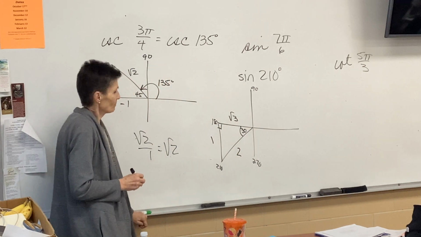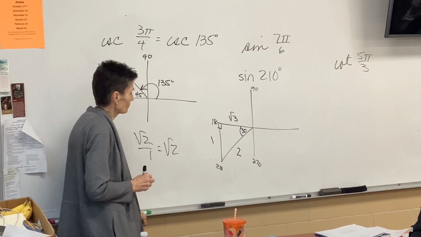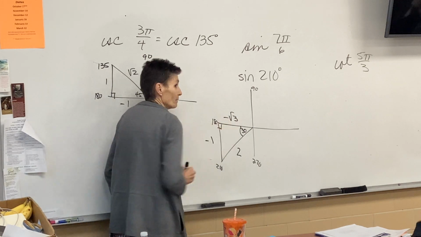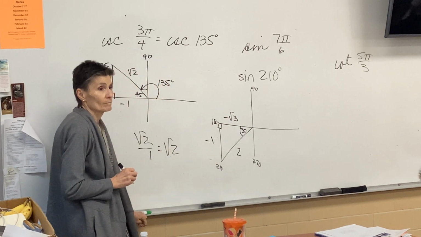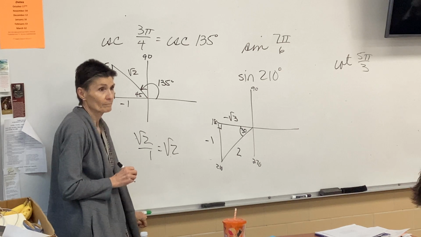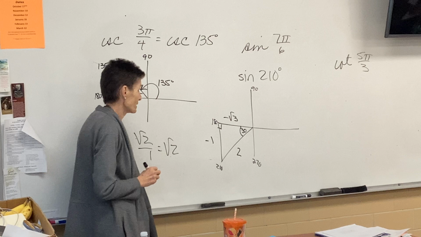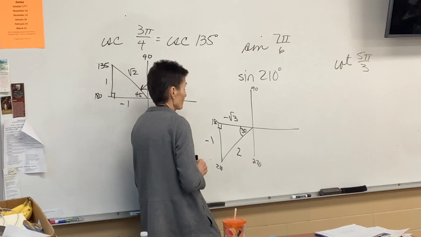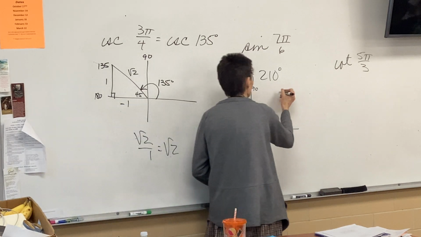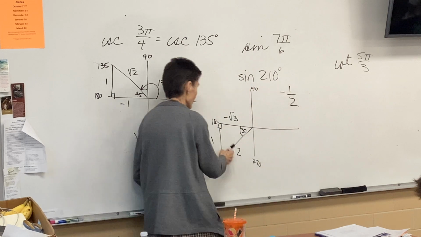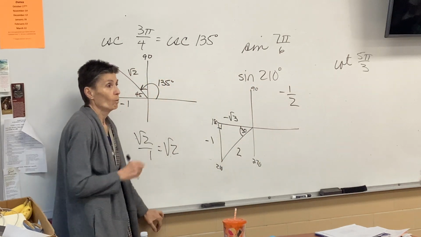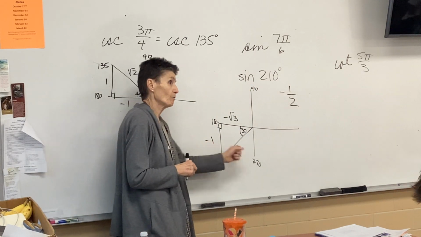Anything negative? Root 3 and 1. Both of these are negative, aren't they? In quadrant 3. So what's the sign? Negative 1/2. Beautiful. Opposite over hypotenuse. Y over R.